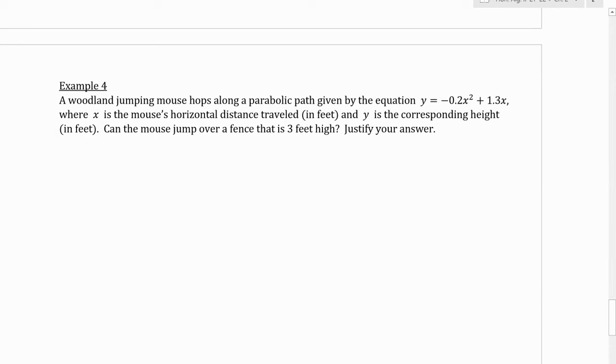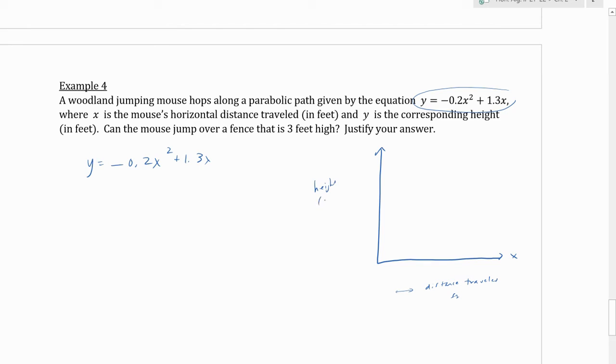So we've got a woodland jumping mouse that hops along a parabolic path. So it's like it's hopping. And the hop is shaped like a parabola, given by this equation, where x is the horizontal distance traveled in feet, and y is the corresponding height of the jump in feet.